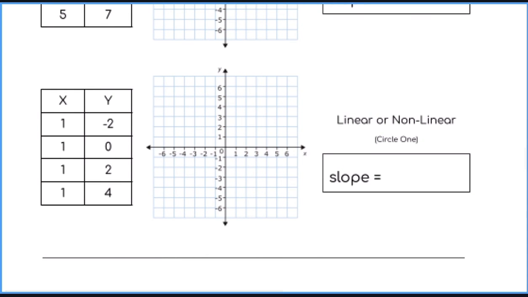All right, last one. I'm going to go right 1, down 2. Right 1. Right 1, up 2. And right 1, up 4.